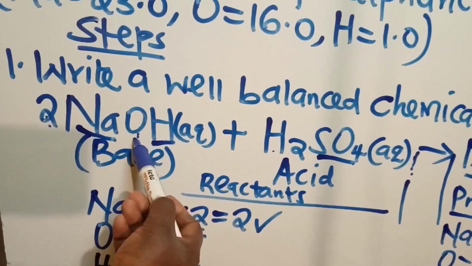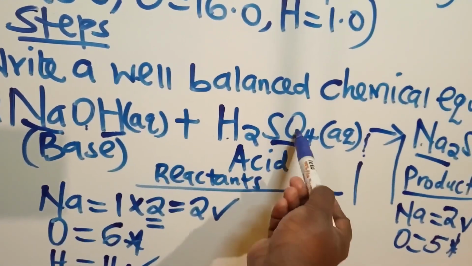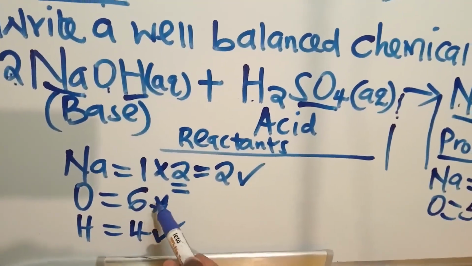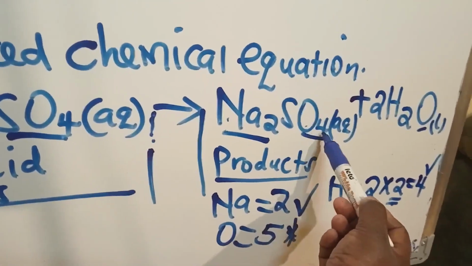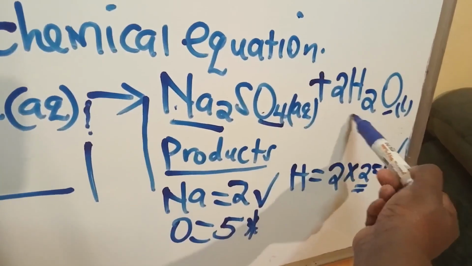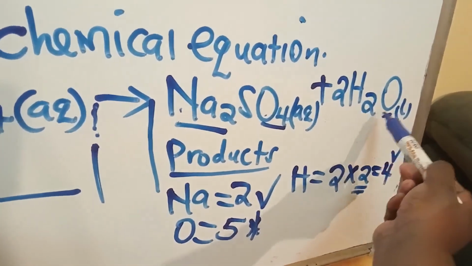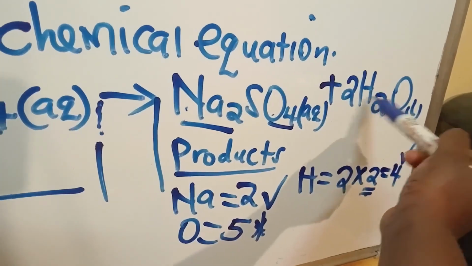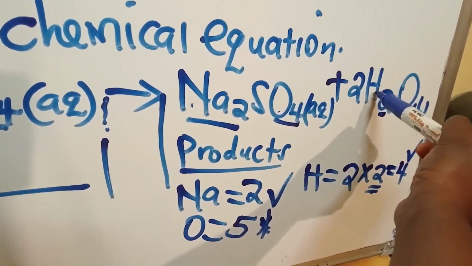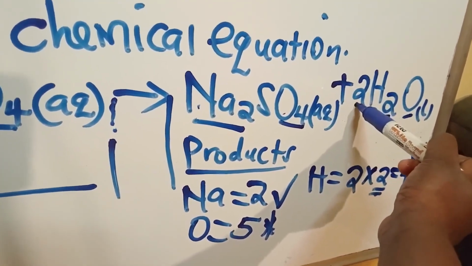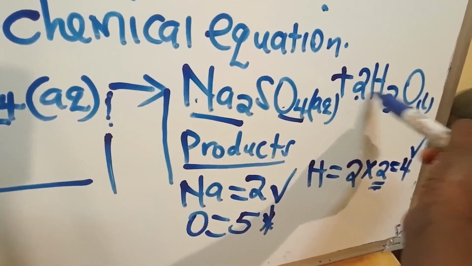2, these are 2 plus these 4, giving us a total of 6. The other side we have 4, and by the time you are balancing hydrogen, we have ended up with 2 oxygens, because these 2 is for hydrogen only, but this 2 is for all of them.